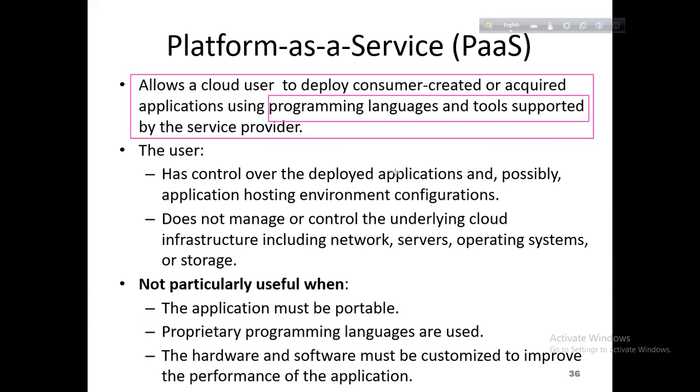The programming tools are basically supported by the cloud provider. They have already created their environment. So what we do is we access it and build our own application there. Let's say you want to create an application using the Python language. You want to build your own application there. Then SaaS doesn't help you, because SaaS doesn't allow you to do that.